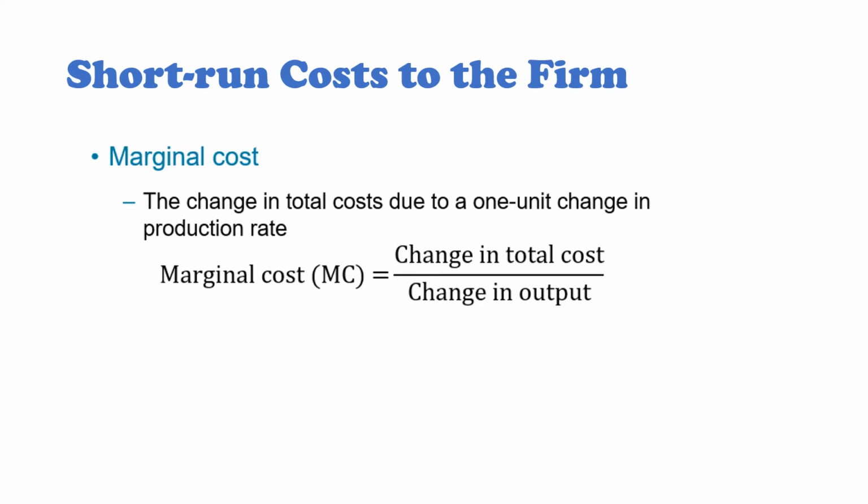So the marginal cost is the change in the total cost due to a 1 unit change in production rate. So in order to calculate marginal cost, you're going to calculate the change in total cost divided by the change in output.